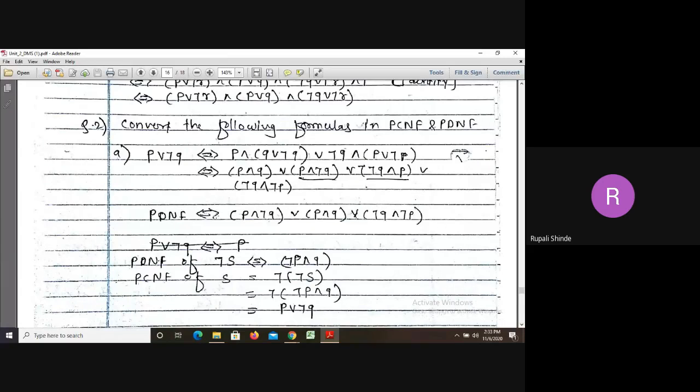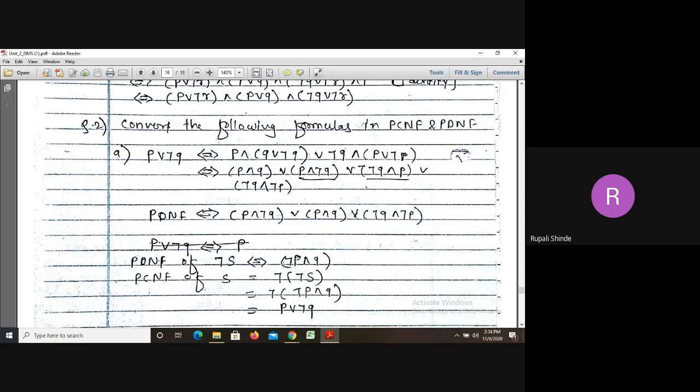Now from this we have to obtain PCNF also. So what is the rule? First of all, we have to check how many variables are there in this given formula. Here 2 variables are present. So 2 raised to 2 means what? Possible max terms or min terms are 4. Out of these 4 min terms, 3 are present in this PDNF. Just 1 is remaining. And that remaining term is negation P and Q. Check whether that term is present here.